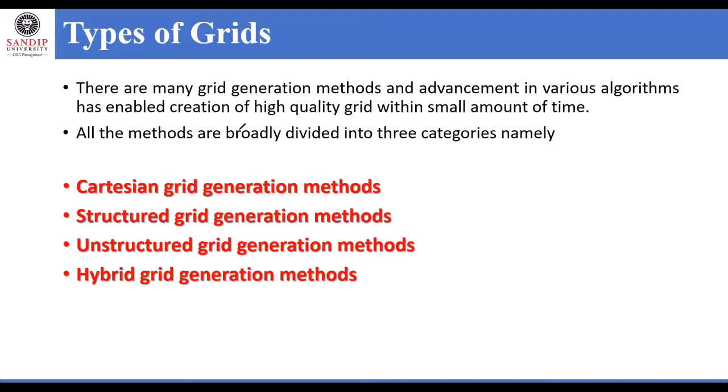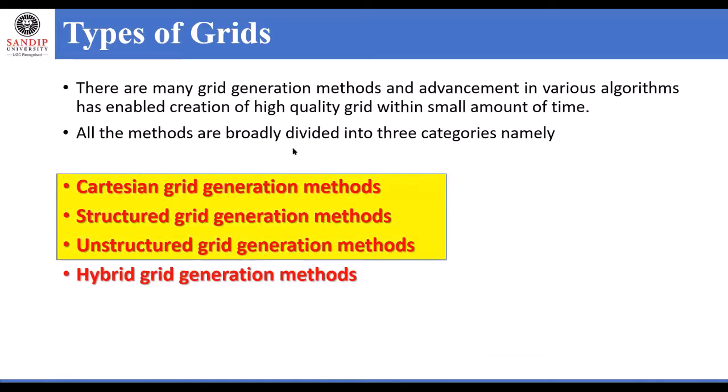But in general, these grid generation methods are categorized into three. What are those three? They are Cartesian grid generation methods, structured grid generation methods, and unstructured grid generation methods.